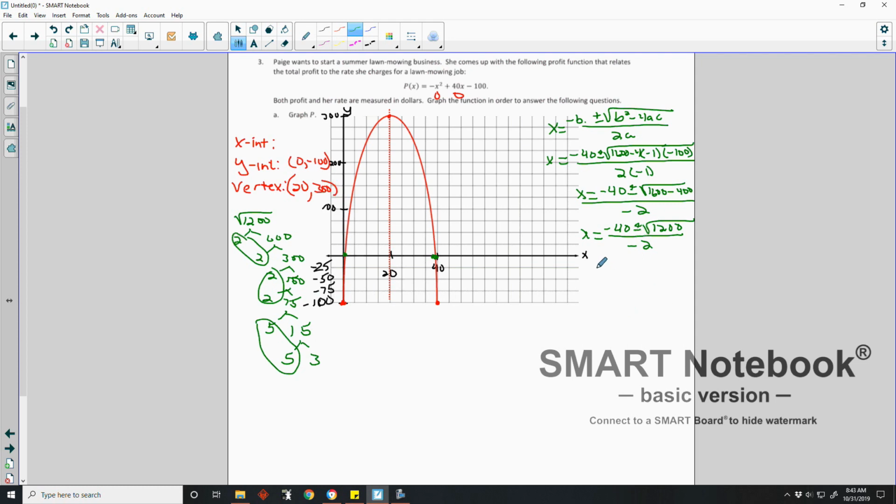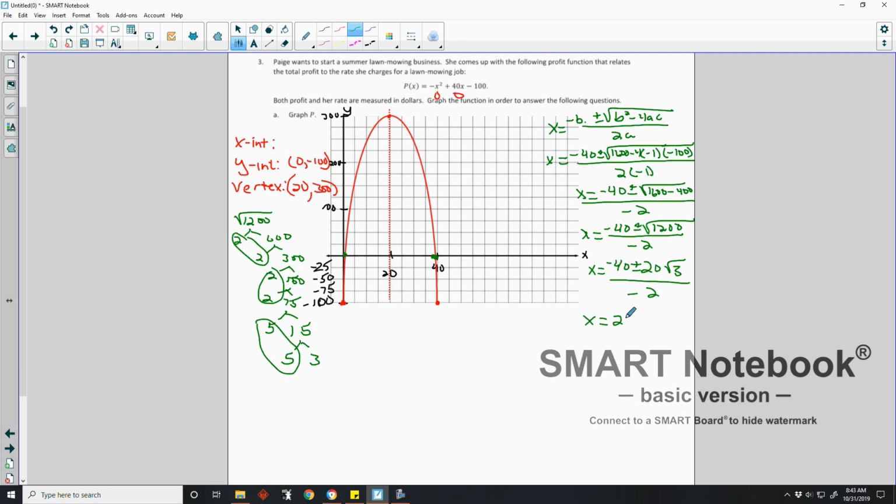So this is going to simplify to x equals negative 40 plus or minus 20 square root 3, divided by negative 2, which is going to equal x equals 40 divided by 2 is 20.